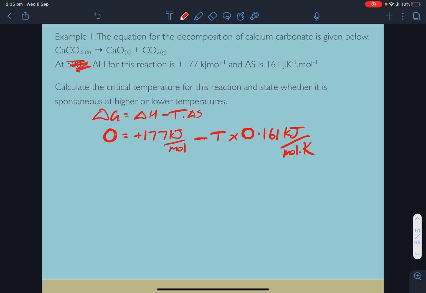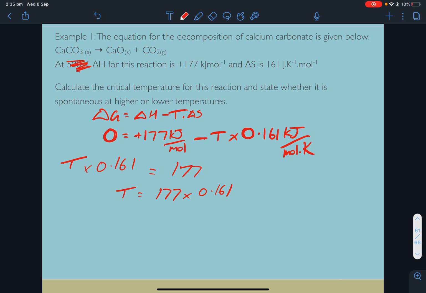What I need to do is put T on one side. So I'm going to add T times 0.161 on this side, so T times 0.161 equals 177. And so T equals 177 times 0.161.